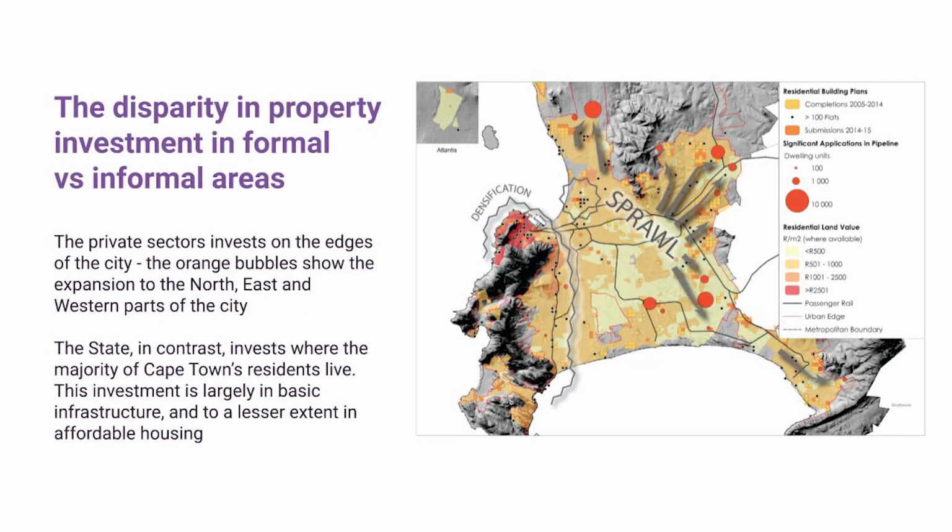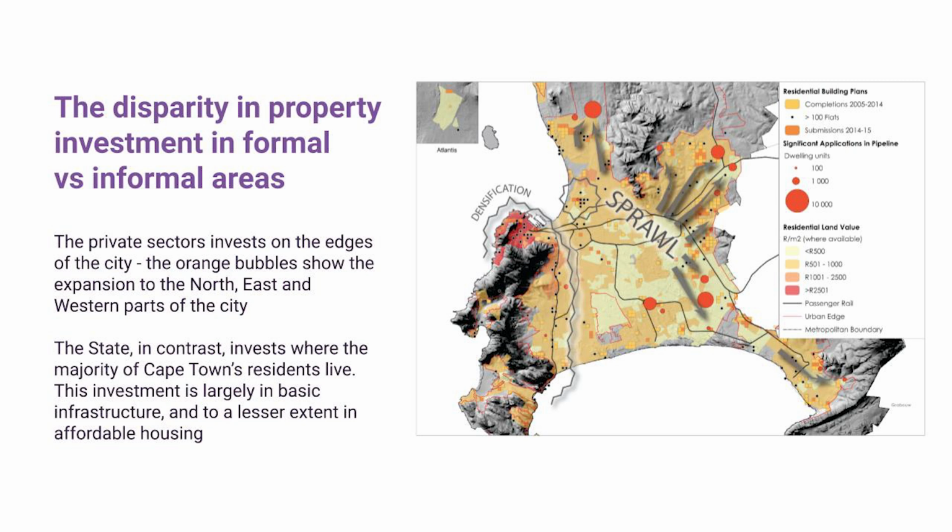And this raises the question, is there an investment strike in that part of the city? Is the private sector just not willing to go there? And that indeed is what the data is telling us. And so what we know is that the private sector is only investing at the edges of the city. So this map shows us where the private market is investing in real estate.